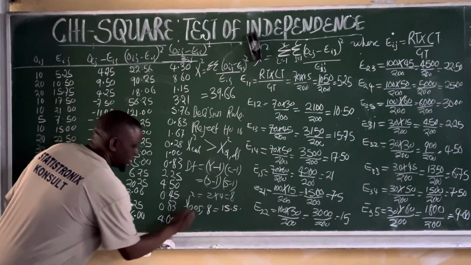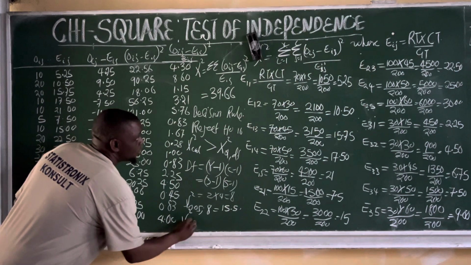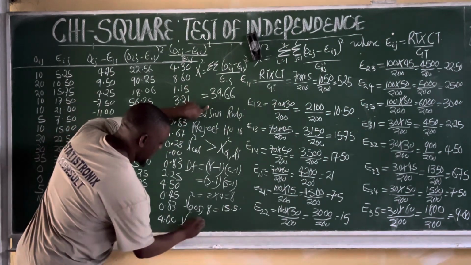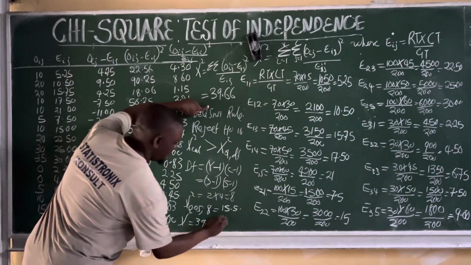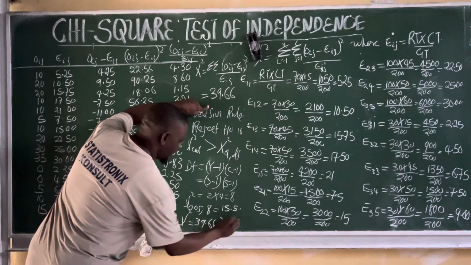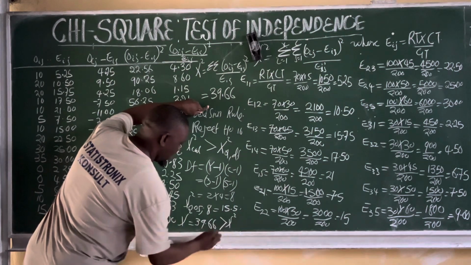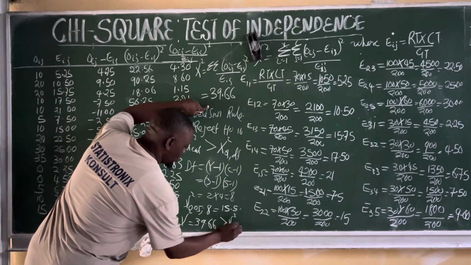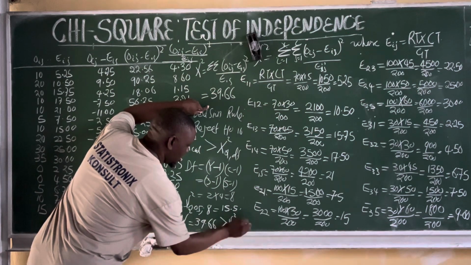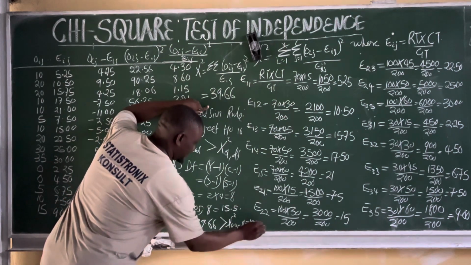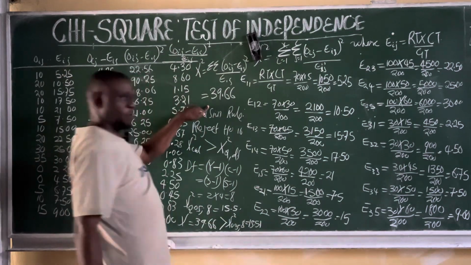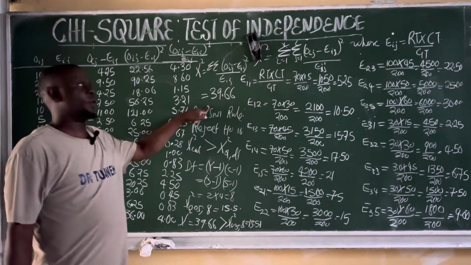So our computed chi-square is equal to 39.66. And that value is greater than the critical chi-square at 0.05 under 8, which is equal to 15.51. Therefore, we reject the null.